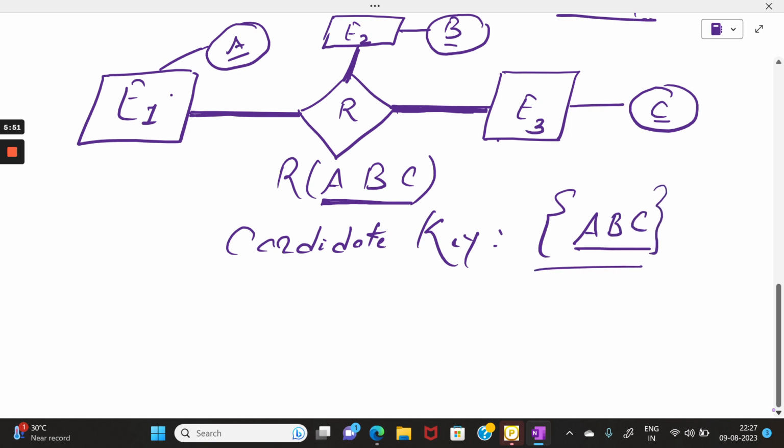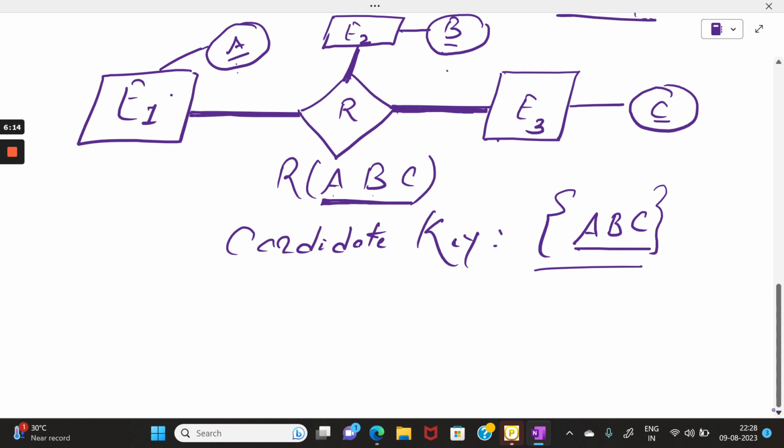We can't use A or B as a single candidate key because it won't be unique. We already saw that A1 may be related to B1 and A1 may be related to B2 as well. So we can't treat A as the candidate key. The same goes for B and C. Together they compose the candidate key.